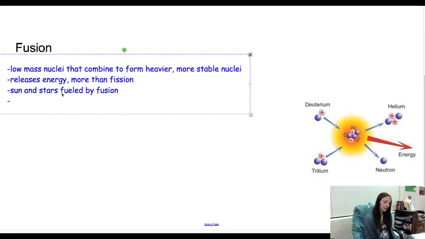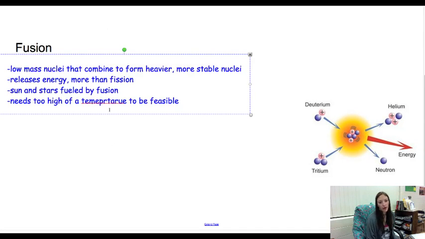The reason that we don't use fusion instead of fission reactions for energy is that fusion needs too high of a temperature to be feasible. There's no material that can actually contain a fusion reaction. That's why it's for the sun and stars. Those are very, very high temperatures.